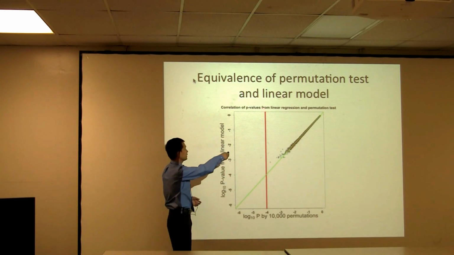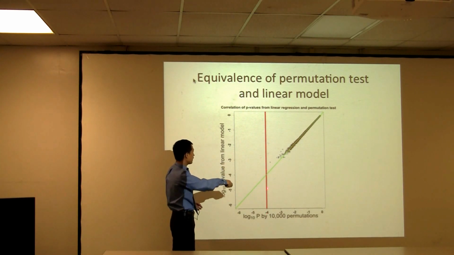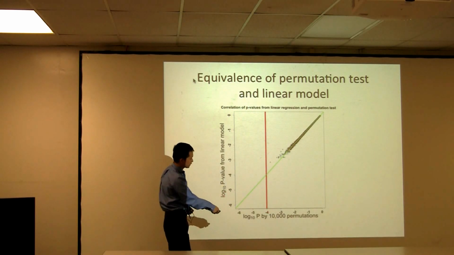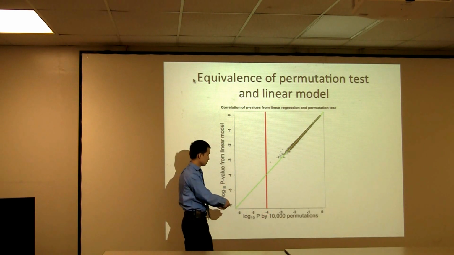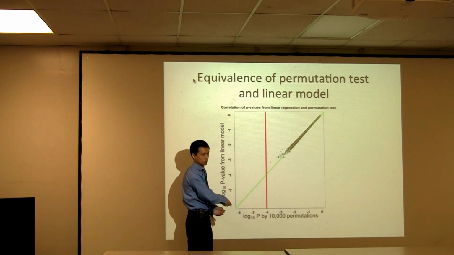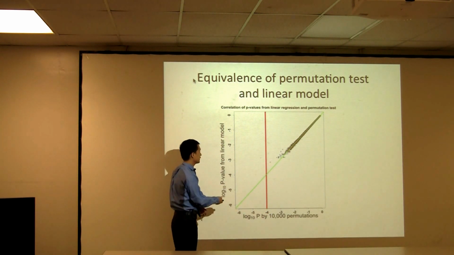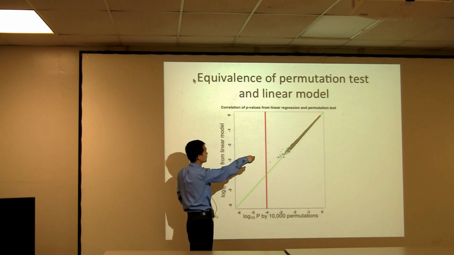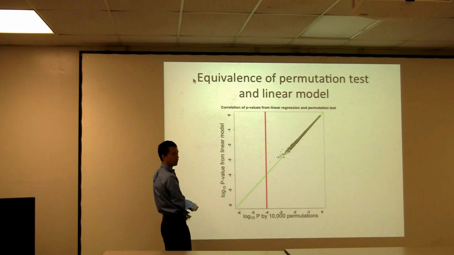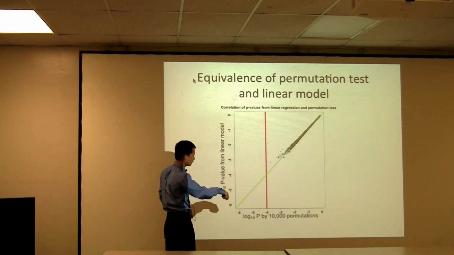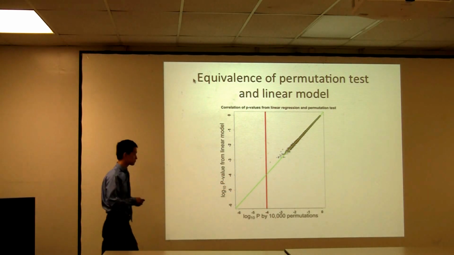And here the red line shows the lower bound for 10,000 permutations, because at the lowest, the p-value will be 10 to the power of -4. We can see that whether the p-value is high or low, our method, the linear model, will always have a very similar p-value to the permutation test.